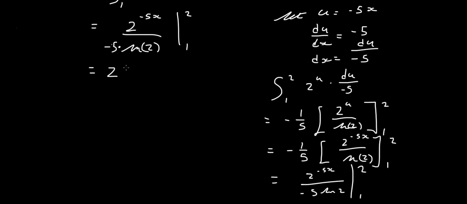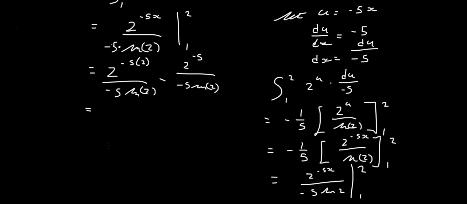So let me actually write it out for you, sorry. 2 to the minus 5 times 2 over minus 5 ln 2 minus 2 to the minus 5 over minus 5 ln 2 equals. Okay, so I've evaluated the first term as minus 2.82 times 10 to the negative 4.